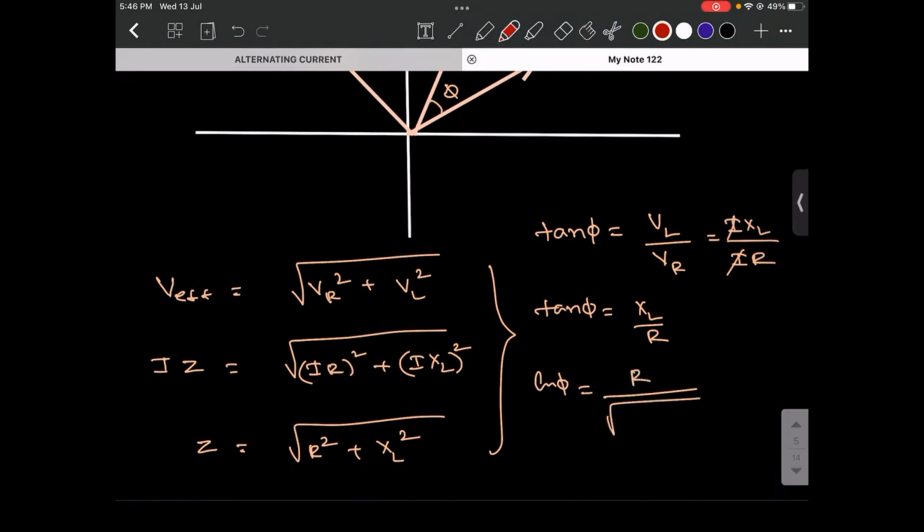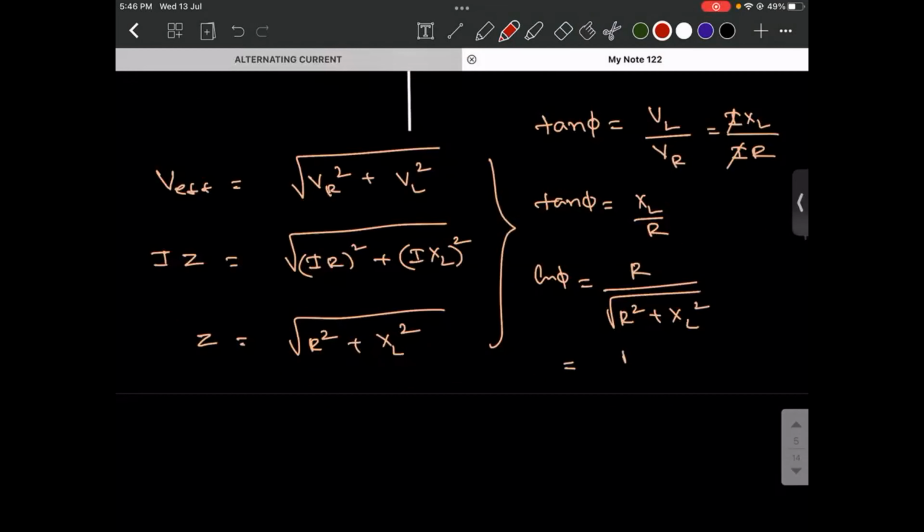R by root of R square plus XL square, so you will get R divided by Z. If you observe, in the previous scenario and this scenario, cos phi is common. Tan phi is only varying. So that is why the cos phi here also is called power factor.